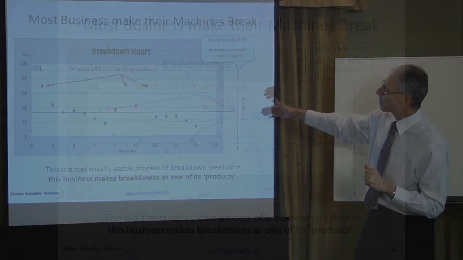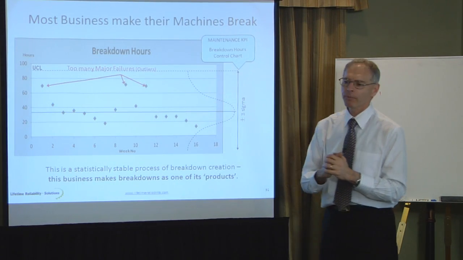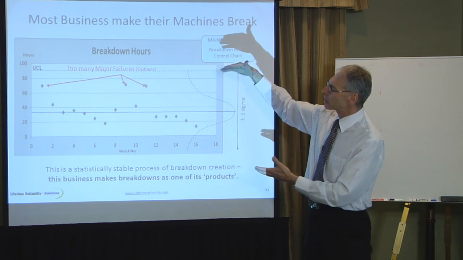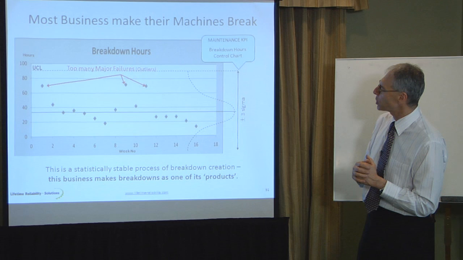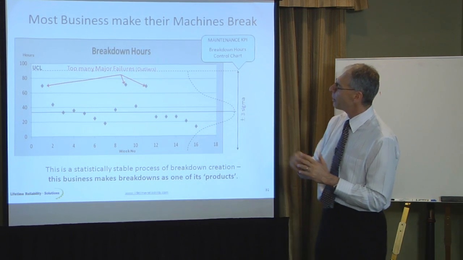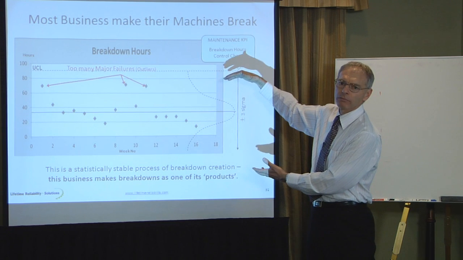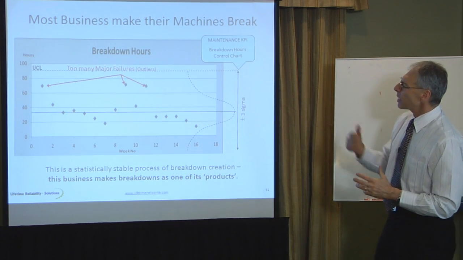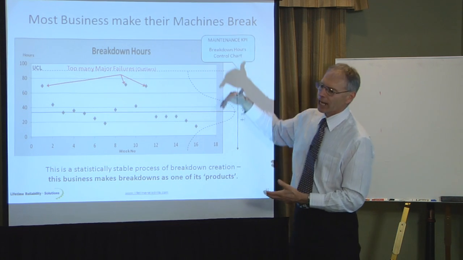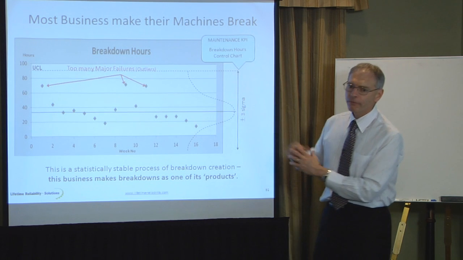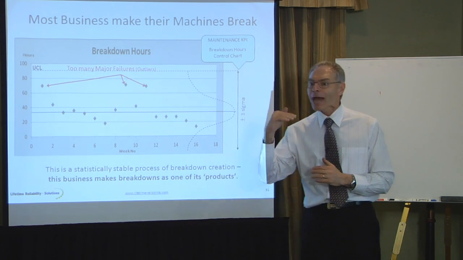What I've done here is, this is the breakdown hours of a company across 16 weeks. And I've just plotted those breakdown hours on this chart. And I've then modelled it using the Deming approach of a 3 sigma tolerance across those results. And what Deming says, if you can model the outcomes and they are within a 3 sigma curve, then you have got a stable process.